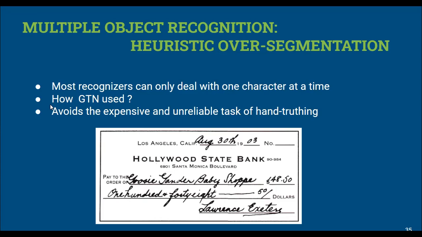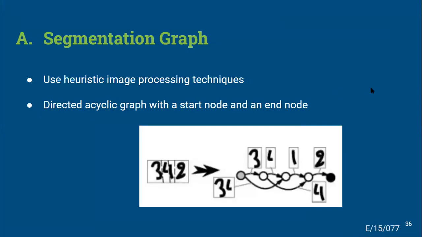The first one is the segmentation graph. It is a classical method for segmentation and recognition. Basically, this is called heuristic over-segmentation. This avoids making hard decisions about the segmentation by taking a large number of different segmentations into consideration.